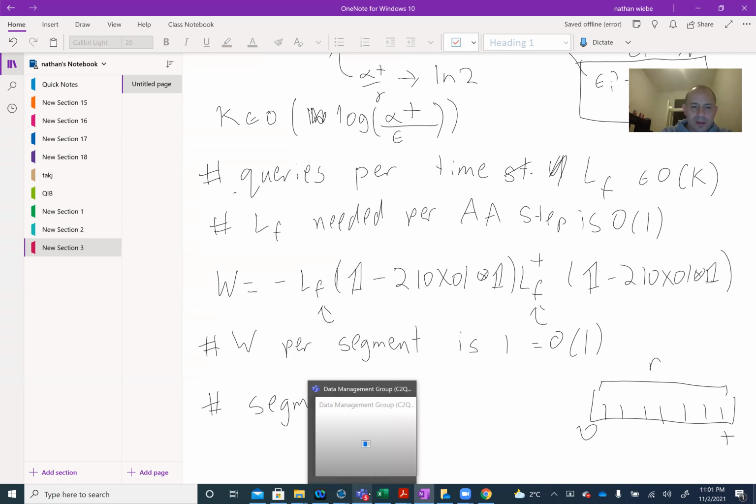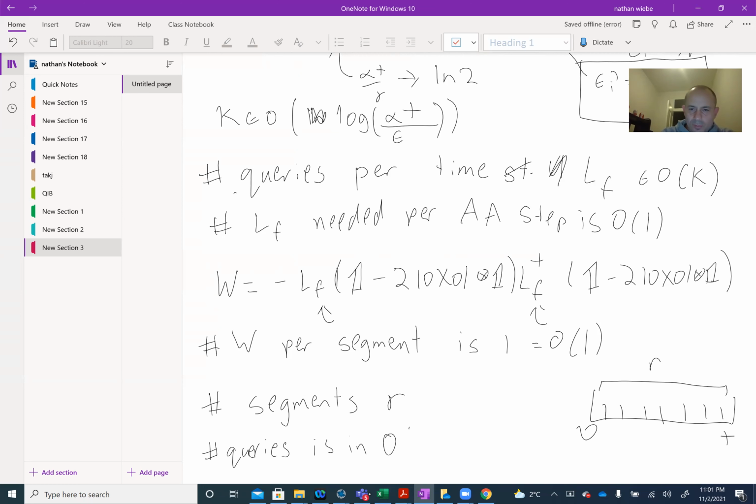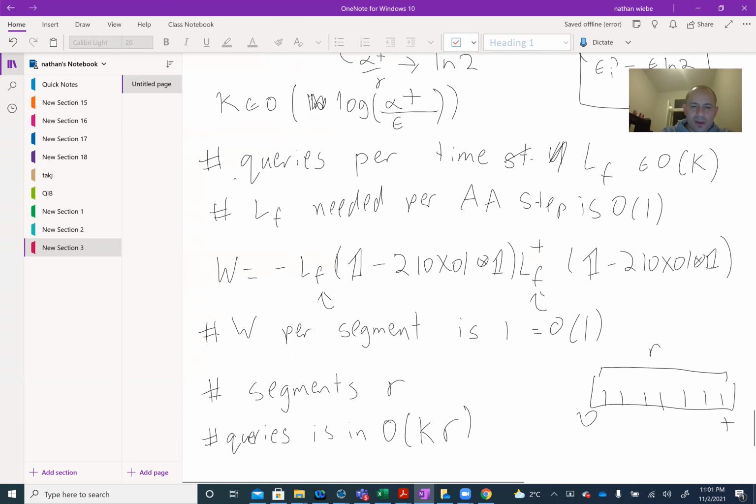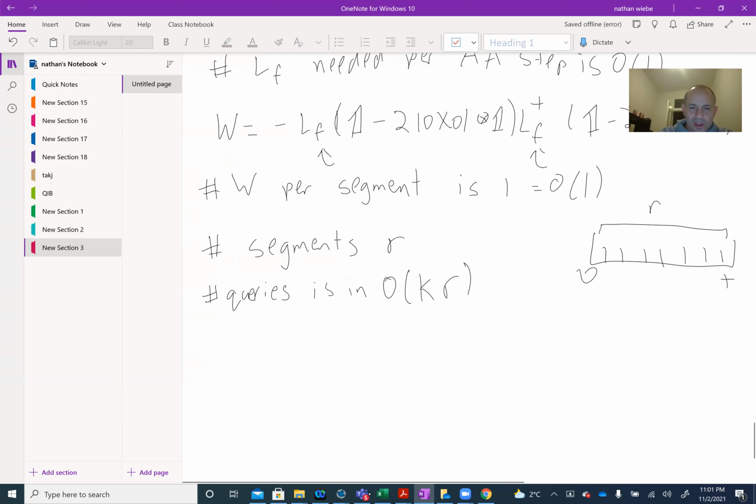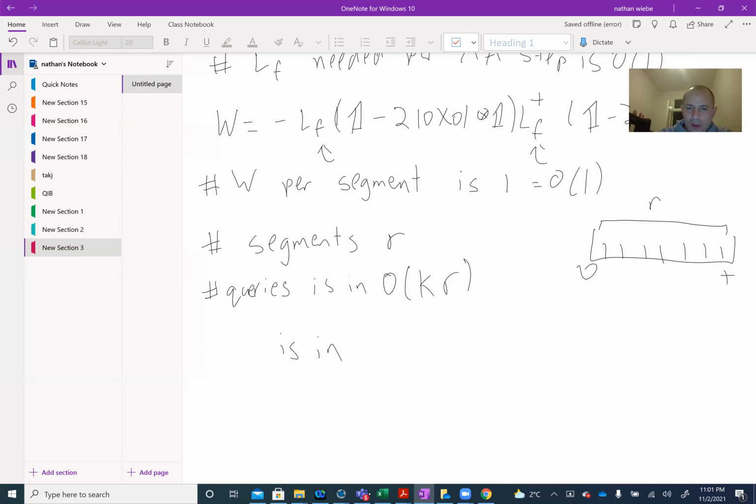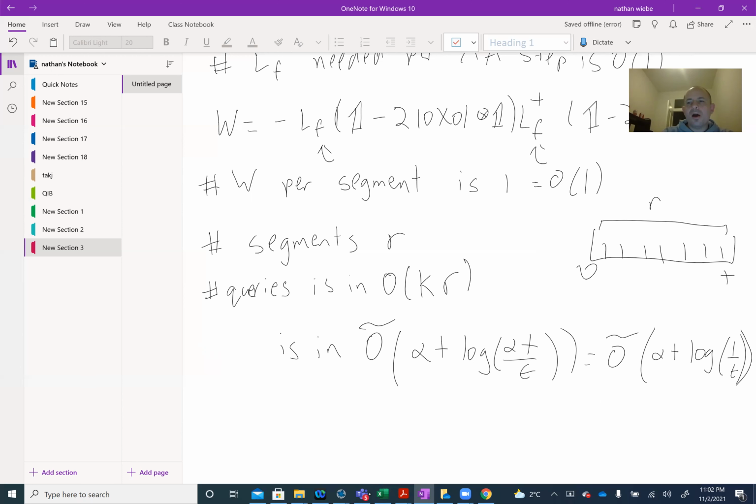So basically the total number of queries is order kr, which we end up finding is order alpha t over epsilon tilde, which of course is equal to O tilde of alpha t log 1 over epsilon. All right, wonderful. So that is the final asymptotic scaling.